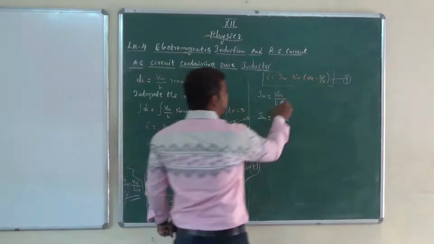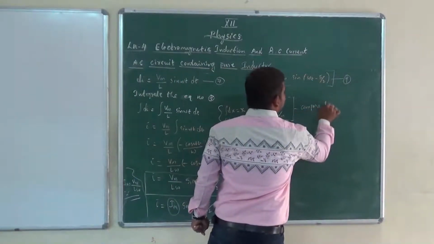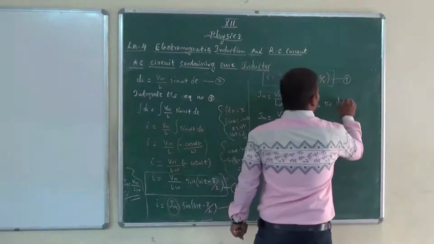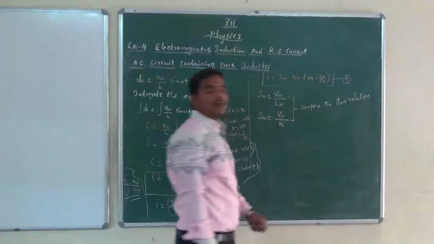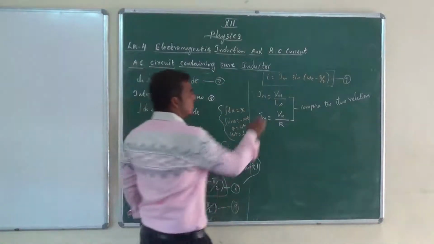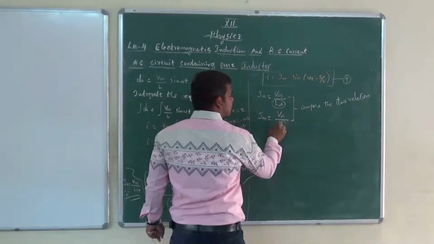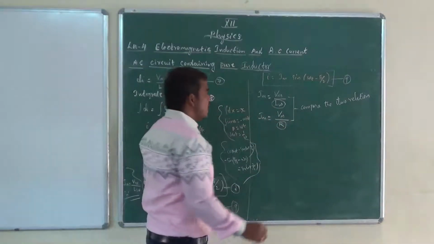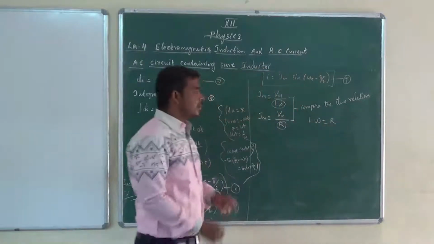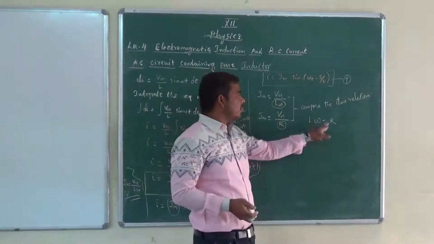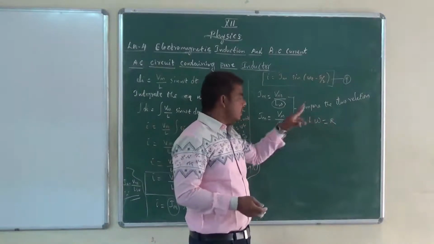Compare these two relations. What is the factor here? L omega, isn't it? And in the other equation, R. L omega plays the role of R. That means this factor determines the resistance in a circuit.